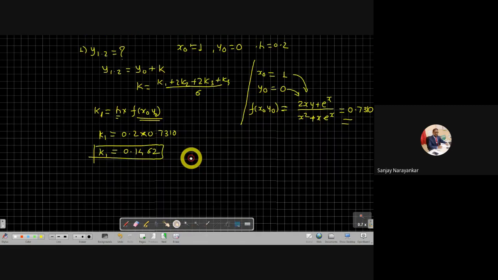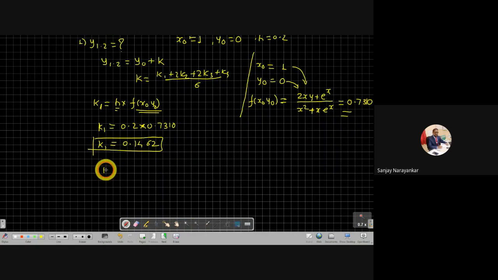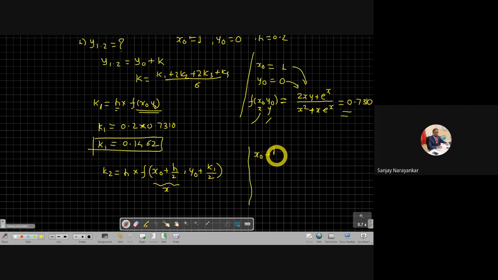Similarly, we will get k2. k2 is equal to h into f of, and this is very important, students, this time x0 plus h by 2 is the x value that you have to substitute, and y0 plus k1 by 2 is the y value.